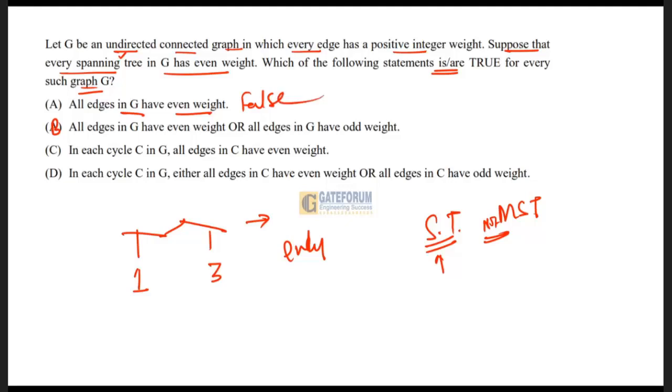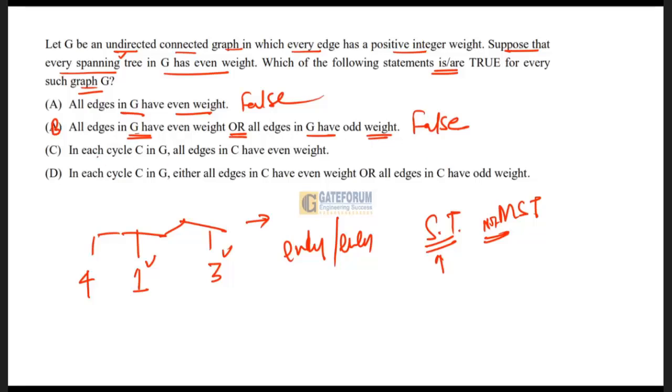False, right? Then option B, all edges in G have even weight, or all edges in G have odd weight. Not necessary, because let's say these are some of the edges which are odd, and one more edge is there which is even. Again I will get an even result. So it is also not necessary, thus it is also false.